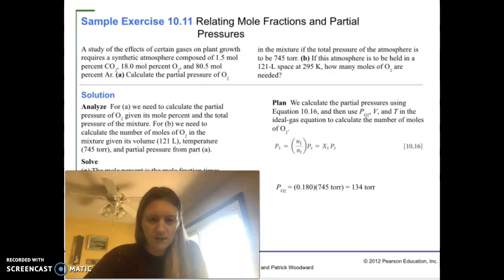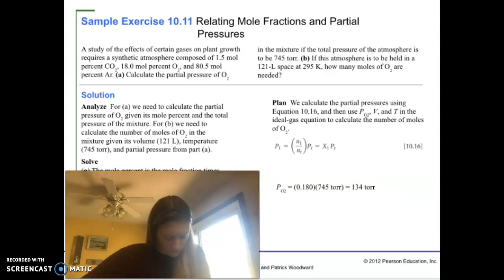And then since we know the total and we know the fraction, all you have to do is multiply them together. Oh, they do it right here. Okay. So 0.18 times the total pressure of 745 torr to get 134 torr. And that would be the partial pressure of oxygen, which is our first part.